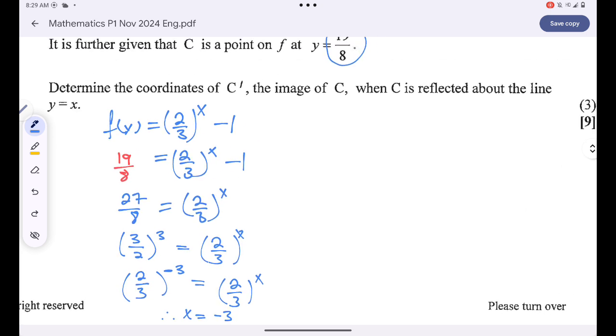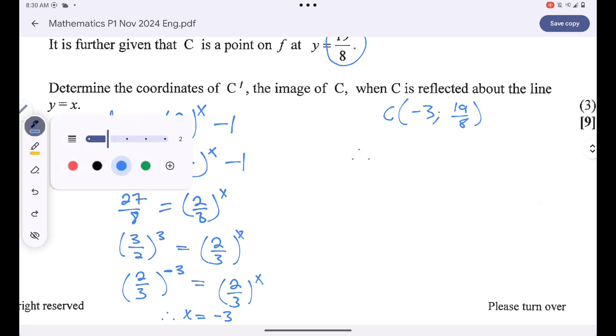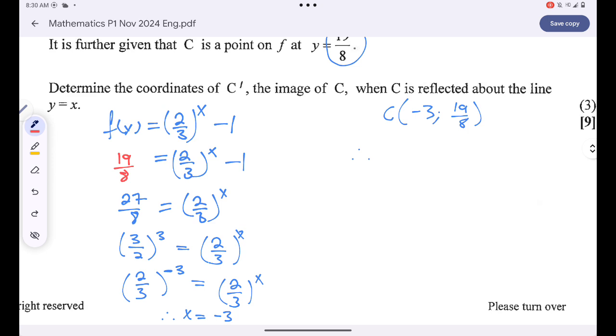So now I know that the coordinates of C are -3 and 19/8, and hence the image of the coordinates. Remember that, guys, you can only reflect your graph over here if you want to find the inverse of your graph.